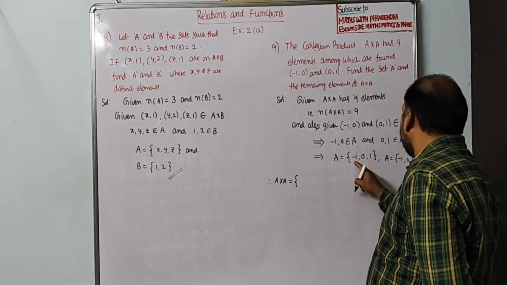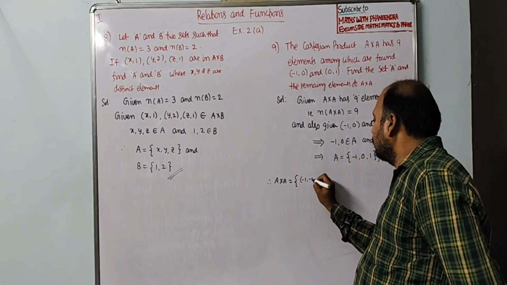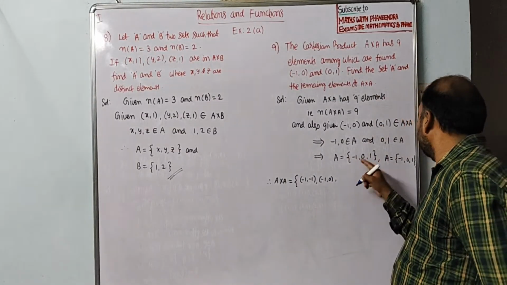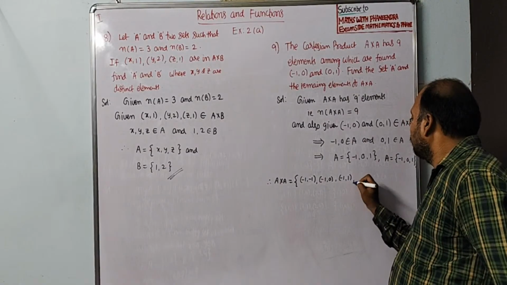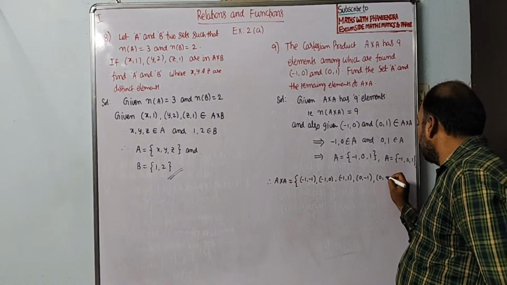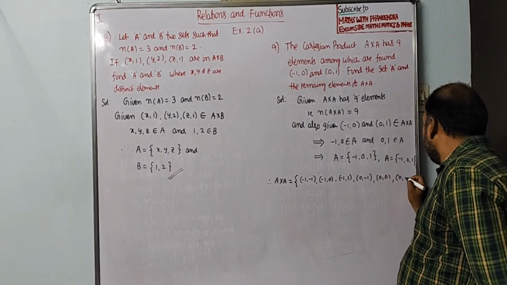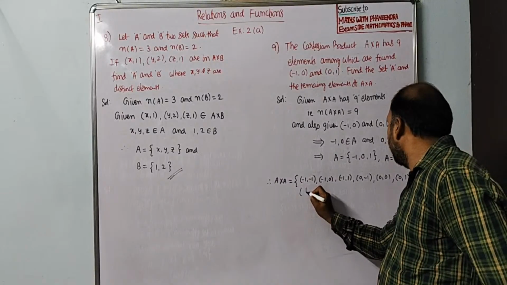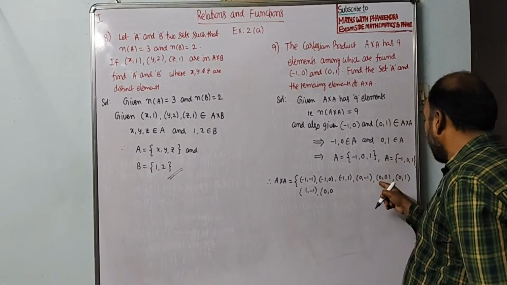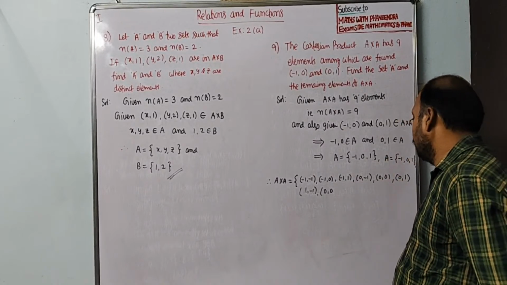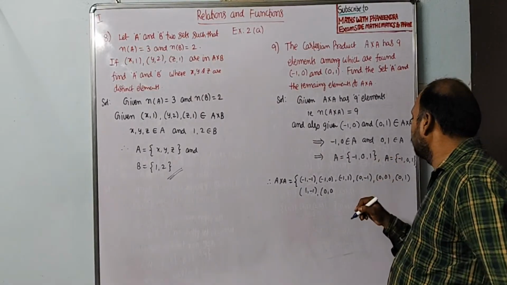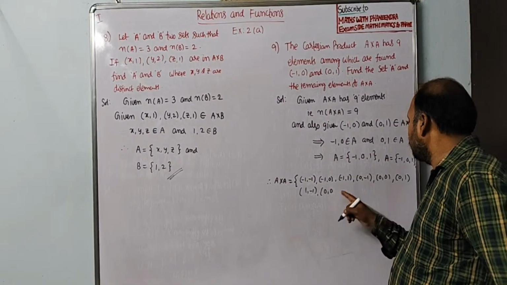So first (-1, -1), (-1, 0), next (-1, 1), next (0, -1), (0, 0), (0, 1), next (1, -1), (1, 0)... (0, 0) no need to write. Why? Because it is already there. We will verify later. (0, 0) twice it is.